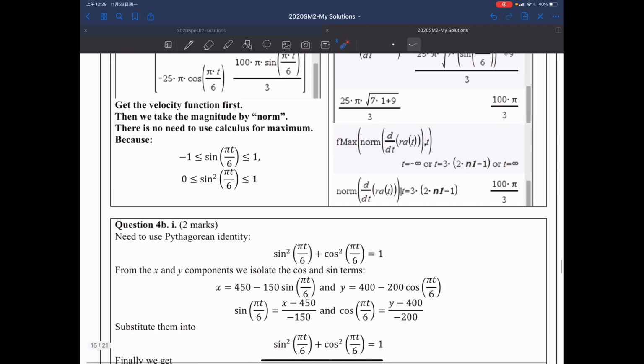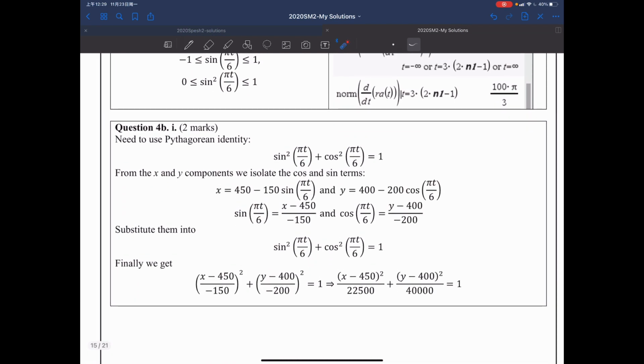So how should I derive this equation? First of all, I can state x is that guy here, which is the x component. y is this guy here. The key idea is you want to use sine squared plus cosine squared equals 1. And you want to isolate that guy and that guy. So you can subtract 450, subtract 400, and divide by minus 150 and minus 200 to isolate these two terms.